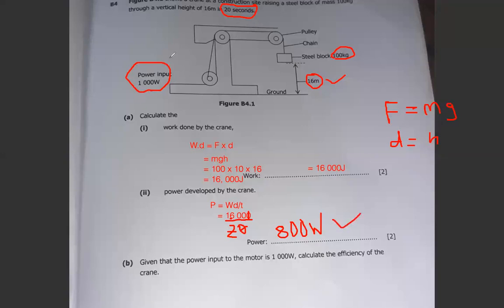The machine puts in that much energy in doing this work, and yet the only work which is done is 800. So from here we can see that 200 watts of power was not used, and had gone into waste. So what would we say? This machine can never be 100% efficient, because when it puts in 1000 watts of power, the power which is done as an output is 800.